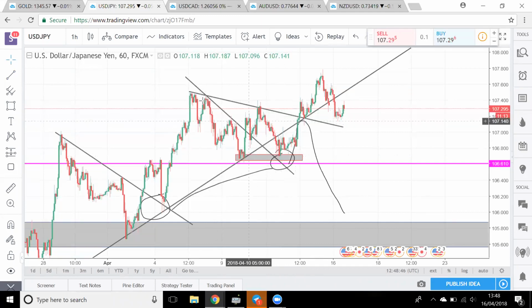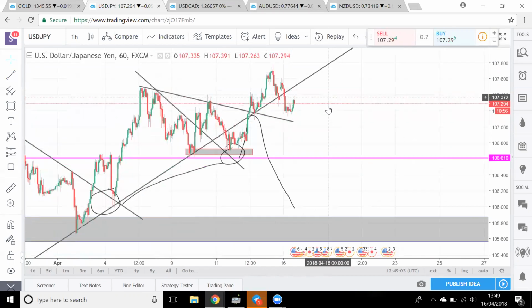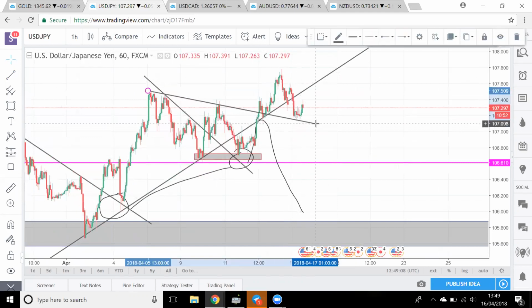Would have been a nice buy once we broke in 1, 2, 3. We had three trend line touches. Then we had a break, retest, trend line, and the liquidity trend line, and then we go higher. Now price made a high. It looks like it's rejected off the high.